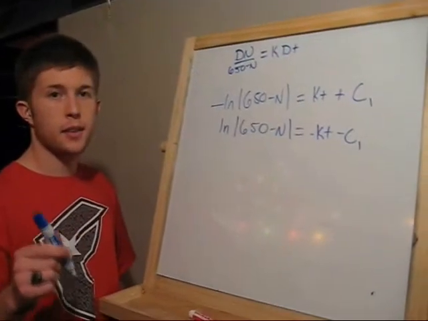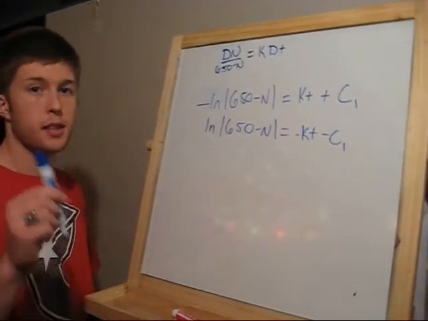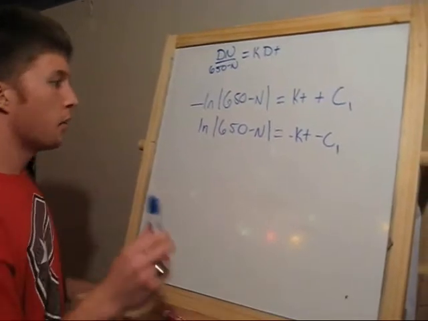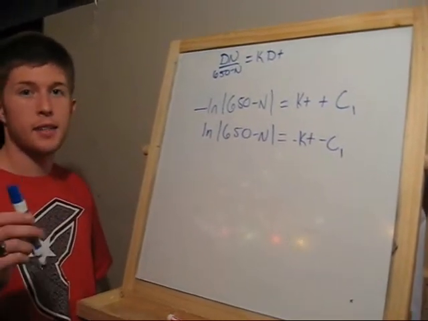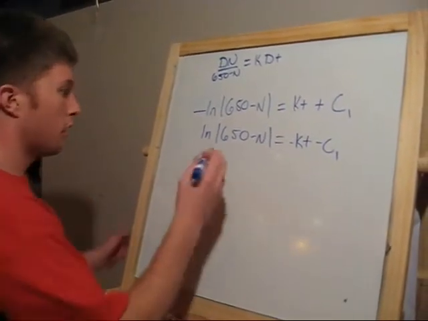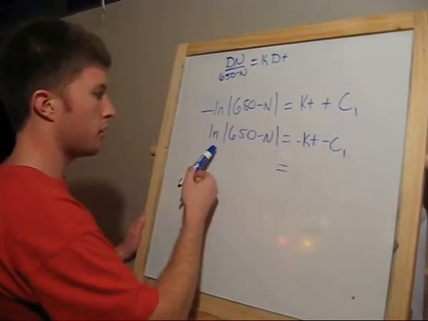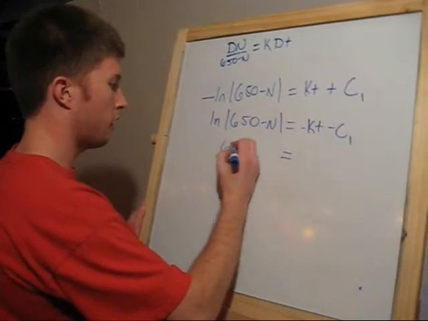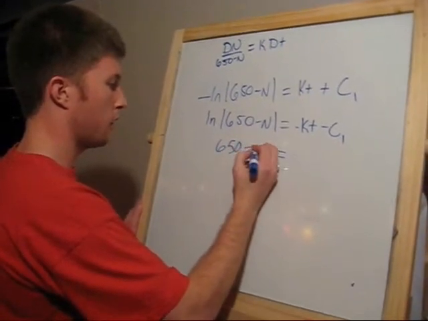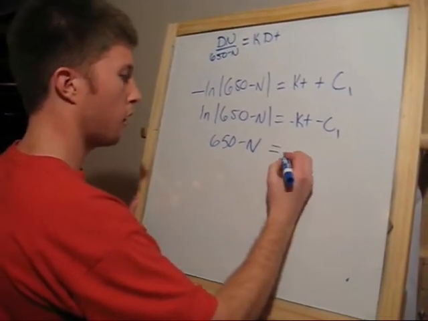Referring back to the fact that the population is proportional to 650 minus N(t), we're going to assume that N is less than 650. So we are going to get rid of our natural log by taking it to the other side, using e.